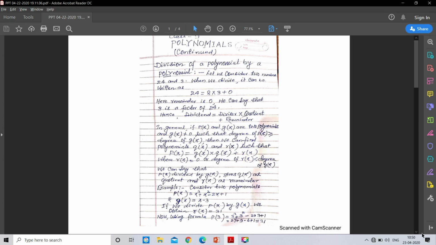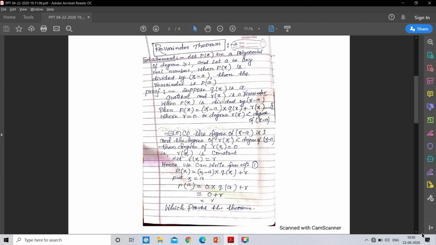Now using the formula, p(3) can be obtained: 3 to the power 3 plus 3 to the power 2 minus 2 into 3 plus 1 is equal to 27 plus 9 minus 6 plus 1, and the result will be 31.